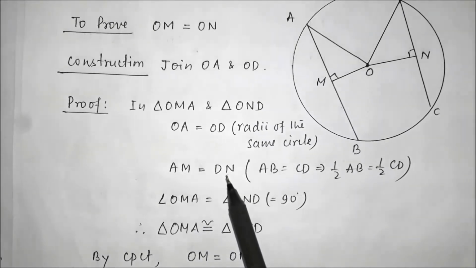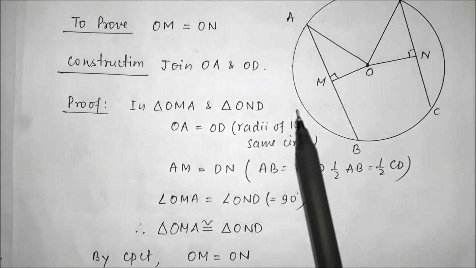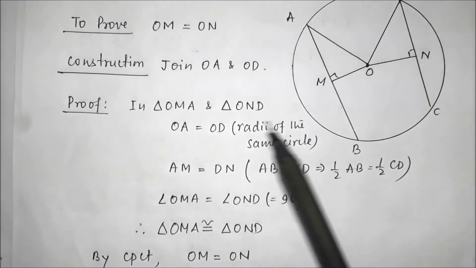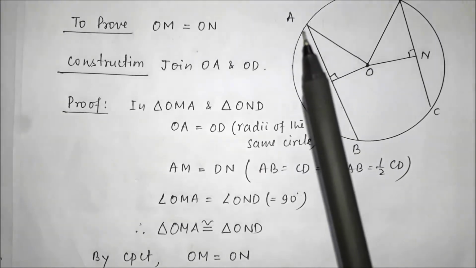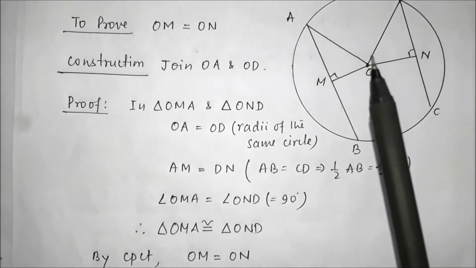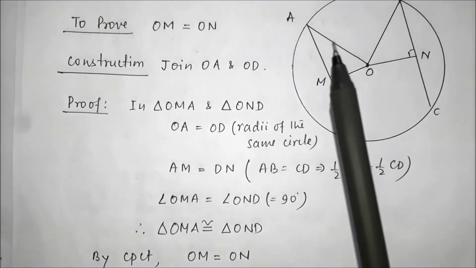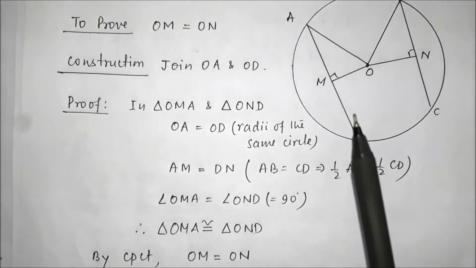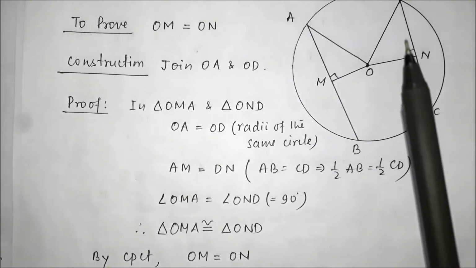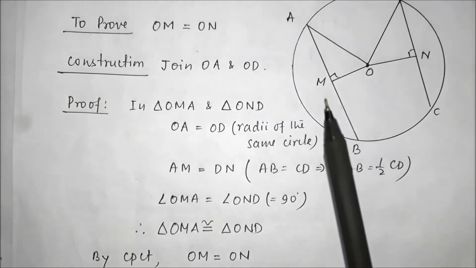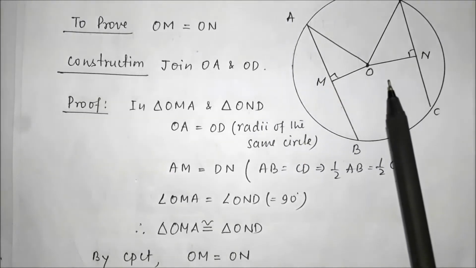AM equals DN, because AB equals CD, and yesterday I explained you one theorem: if there is a chord and a perpendicular is drawn from the center to the chord, it bisects the chord. So if AB equals CD, then half of AB equals half of CD, and half of AB means AM, half of CD means DN.